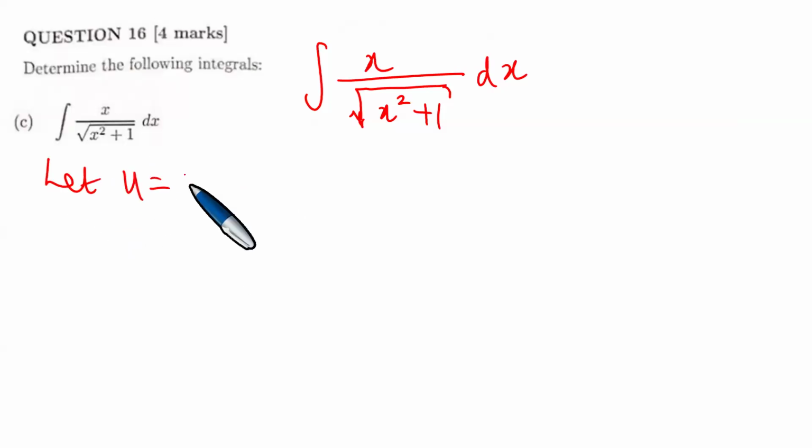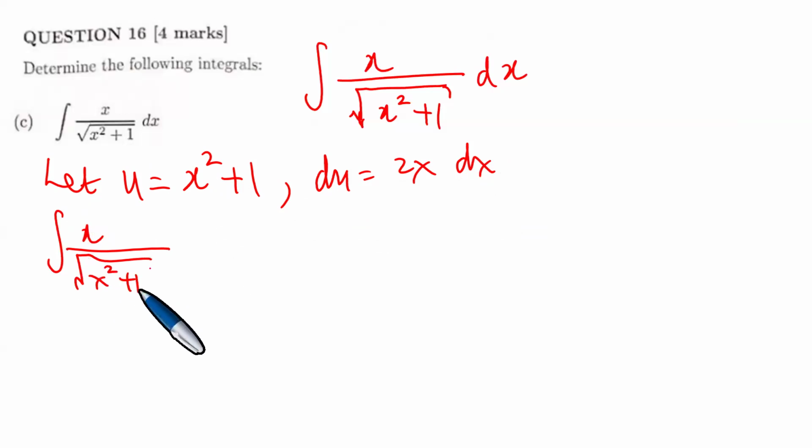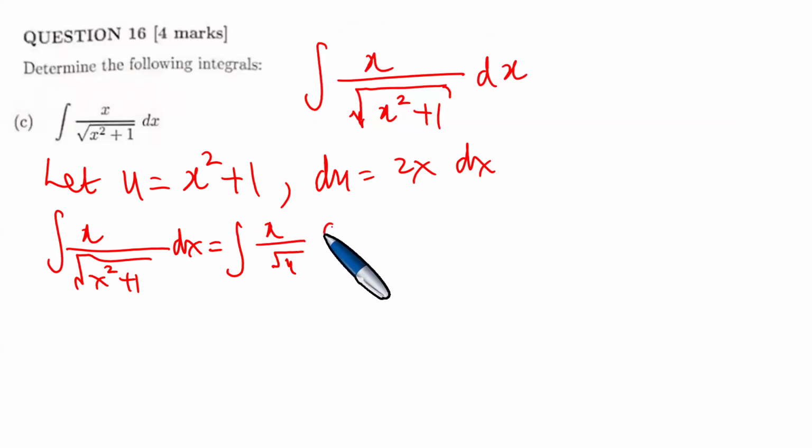Let u be x squared plus 1. du is 2x dx, so that we have the integral of x divided by the square root of u, and dx is du over 2x.